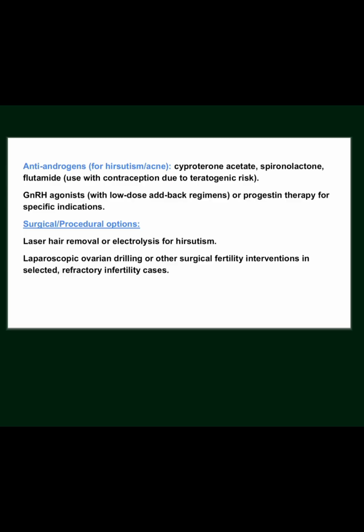Okay. So with that being said, we can also put them on gonadotrophin releasing hormone antagonist, or the newer progestin therapy such as the levonorgestrel. We can also do surgical procedures such as laser hair removal or electrolysis for hirsutism.